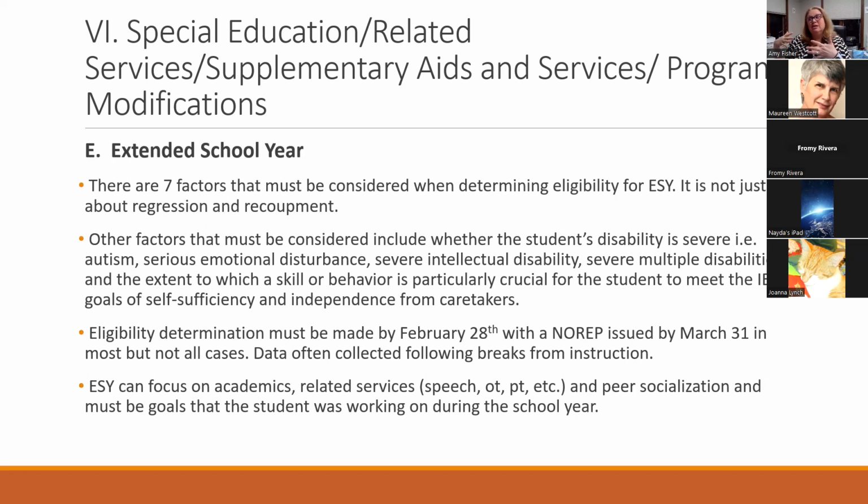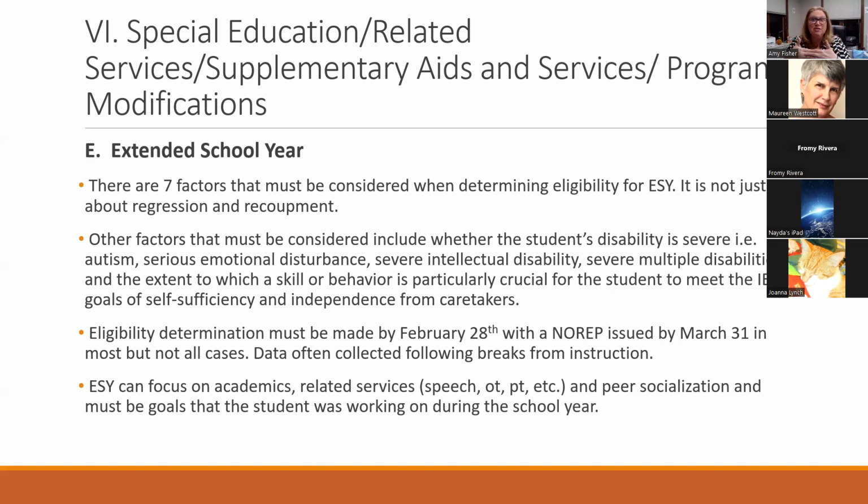Not just living alone by themselves as an adult, but requiring less support from a caregiver. One of the reasons that's important is because independent living is a goal that we have for all of our children someday, but also independent living goals are something that can be focused on in ESY, extended school year.